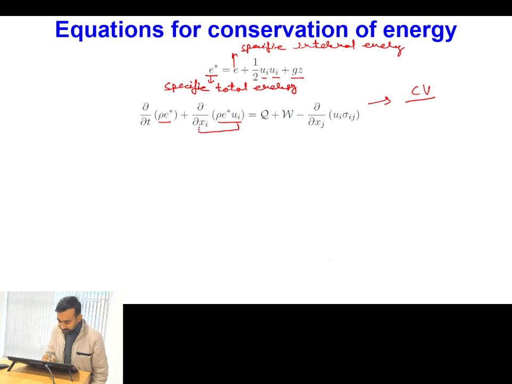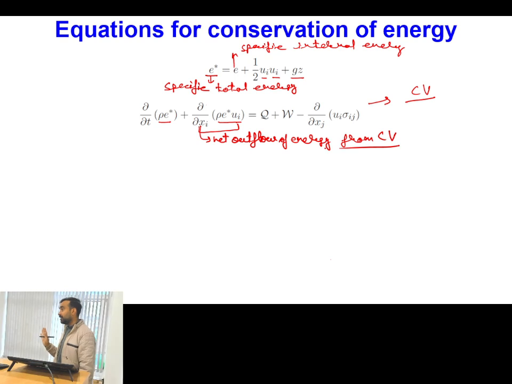But whenever I write this term like this, what is it representing? It is representing net outflow of energy from the control volume. Is this point clear?